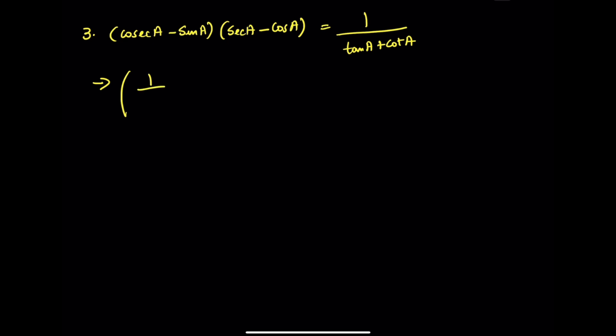So this will be (1 by sin A minus sin A) times (1 by cos A minus cos A).